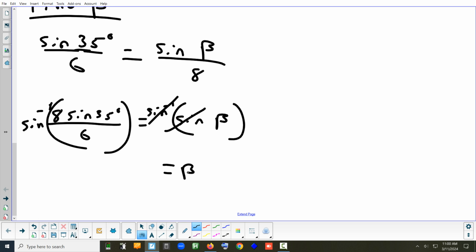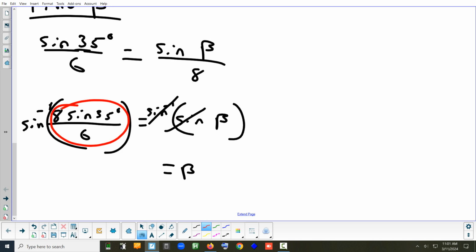And now we're going to type this in. If this is going to be a no solution, this number right here would have to be bigger than what or smaller than what? Because you can only take the inverse sine if the value here is between certain numbers. So if it's above this or below this, you're going to get no solution. Above 1 would not be a solution.